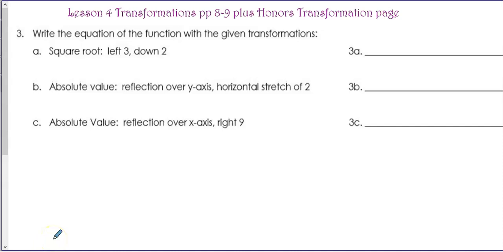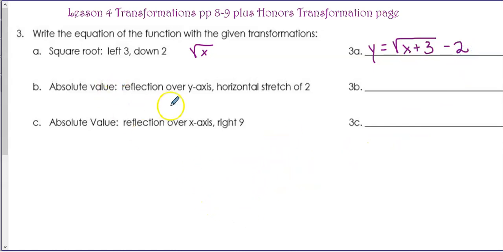So let's see, square root, parent function would be square root of x, and then left 3, and then right 2. So I can go ahead and write, let's just put y equals square root of x plus 3 minus 2.